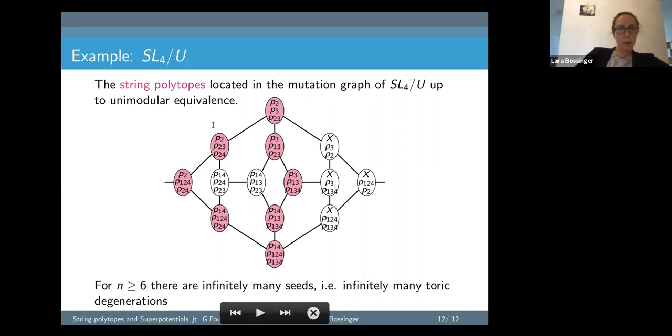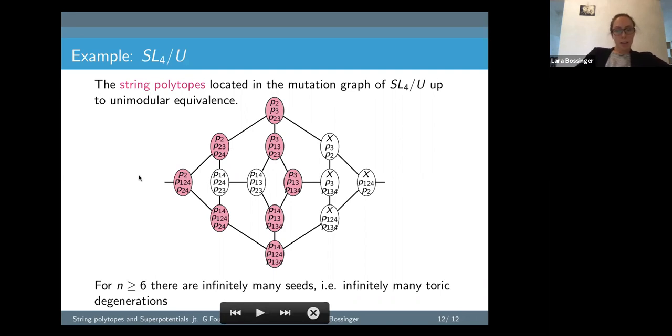And the seeds marked in pink are the ones that correspond to reduced expressions. So for these seeds, if I go to one of those and compute the superpotential and the tropicalization in that seed, that is going to be unimodularly equivalent to the string polytope I can associate to that seed.